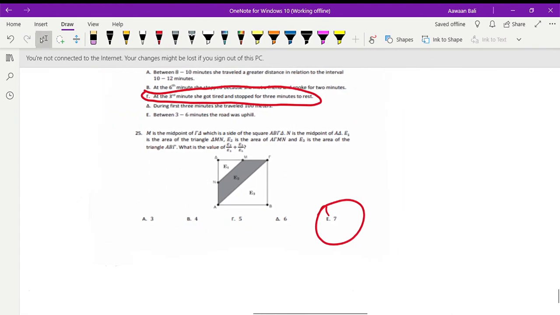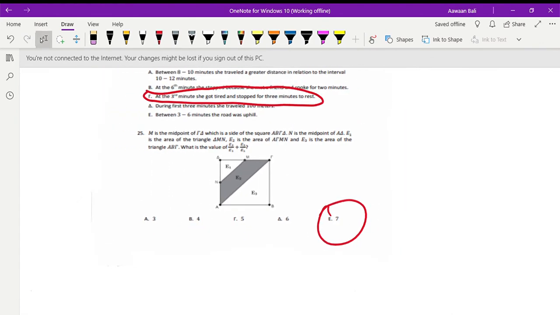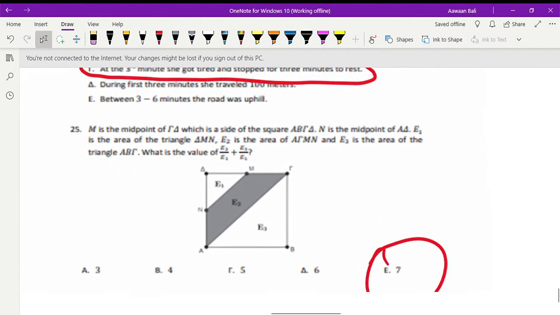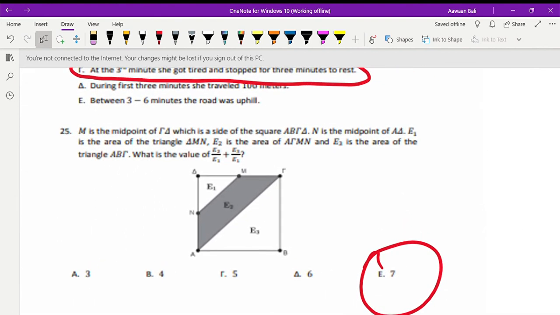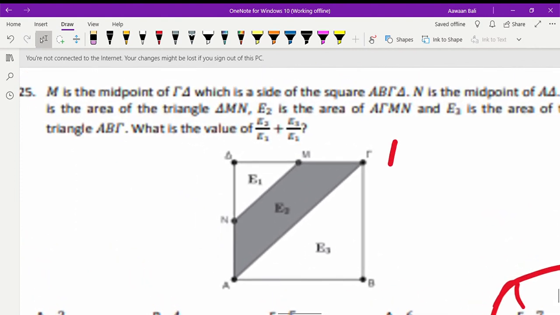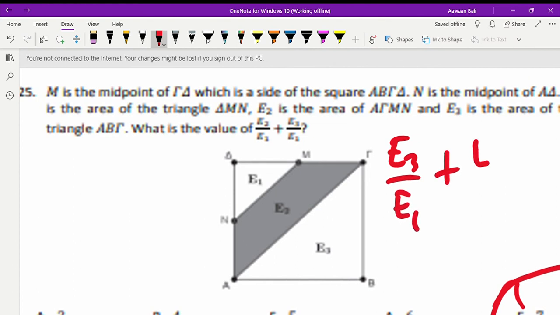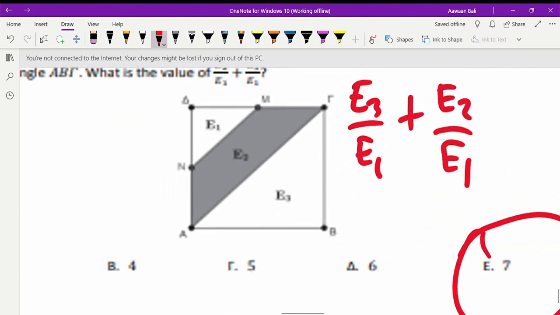Now, question number 25. M is at the midpoint of gamma delta, which is the side of the square alpha beta gamma delta. N is the midpoint of alpha delta. So basically, it's asking the value of this. Okay, so let's say the side of it is 8.